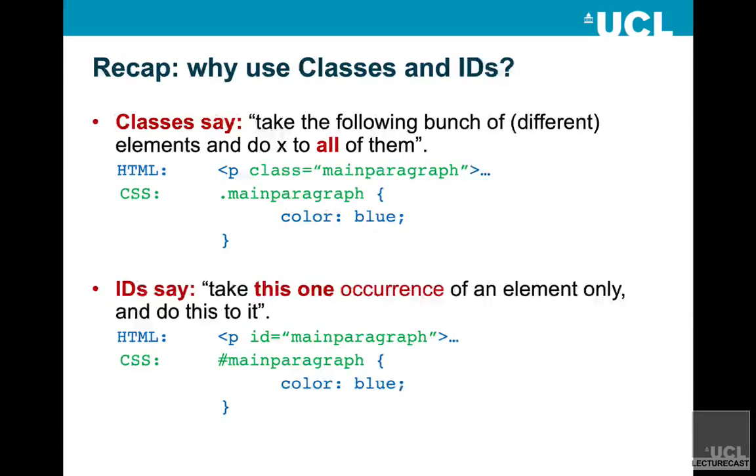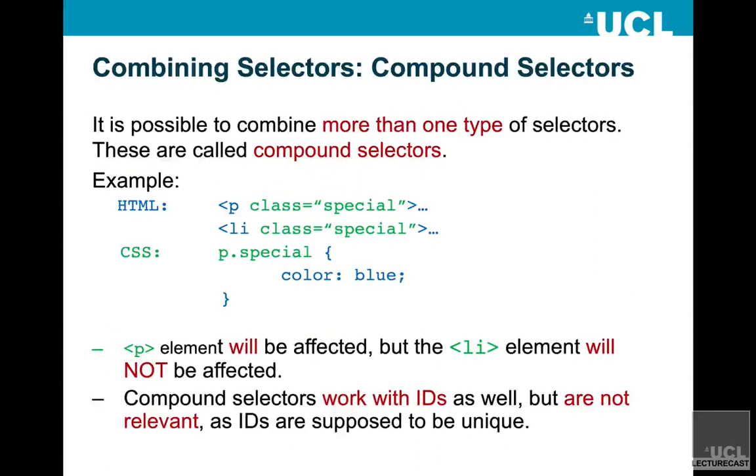Okay, so it's also possible to combine selectors, and you will very often see this in existing CSS code. When it comes to combining selectors, you are able to more specifically highlight which element of this bunch of elements you would like to control. For example, let's assume that you will have a set of elements, say a P element with a class special and an Li element with a class special, but you would like to control only the paragraph element.